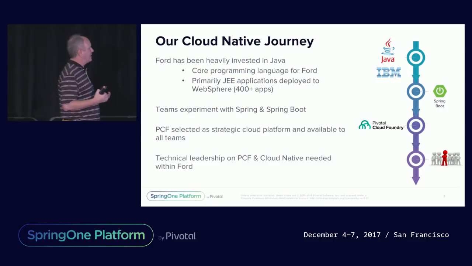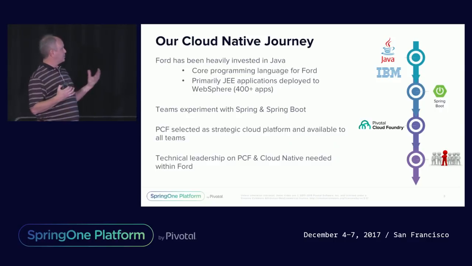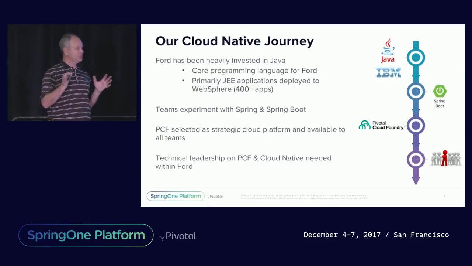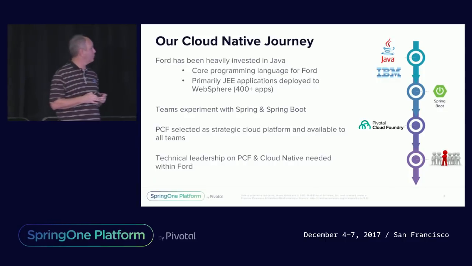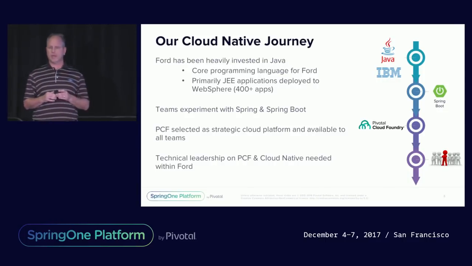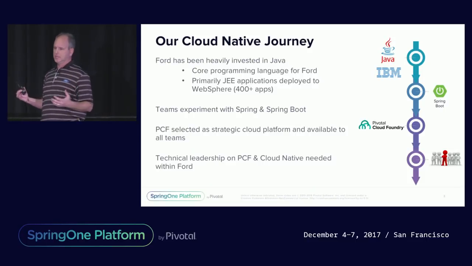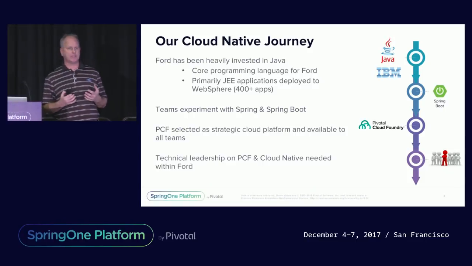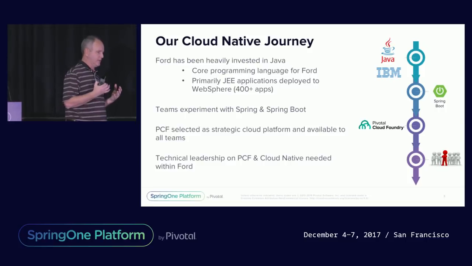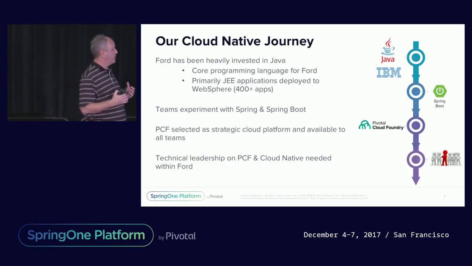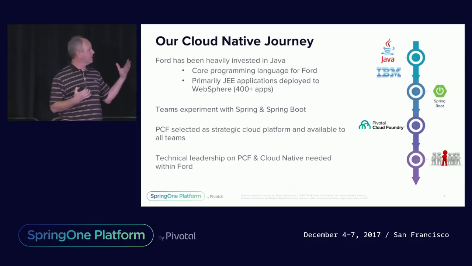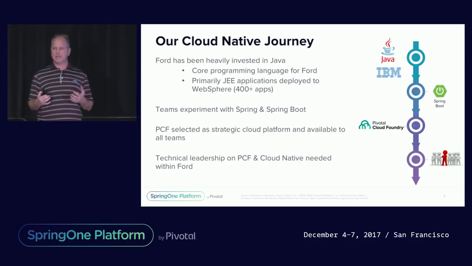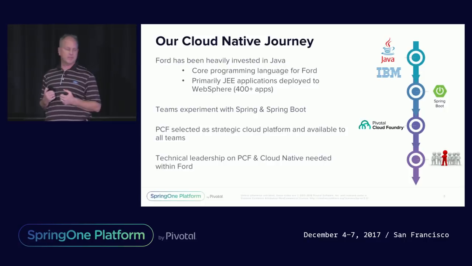On the timeline here, I would say this was about 2015-ish. We had some teams start to experiment with Spring and Spring Boot. And really, again, that was this need to go faster. Teams realized, we had embraced Agile at Ford. We're working in short iterations. We're trying to deliver faster, but some of the tools didn't lend themselves to that rapid development.